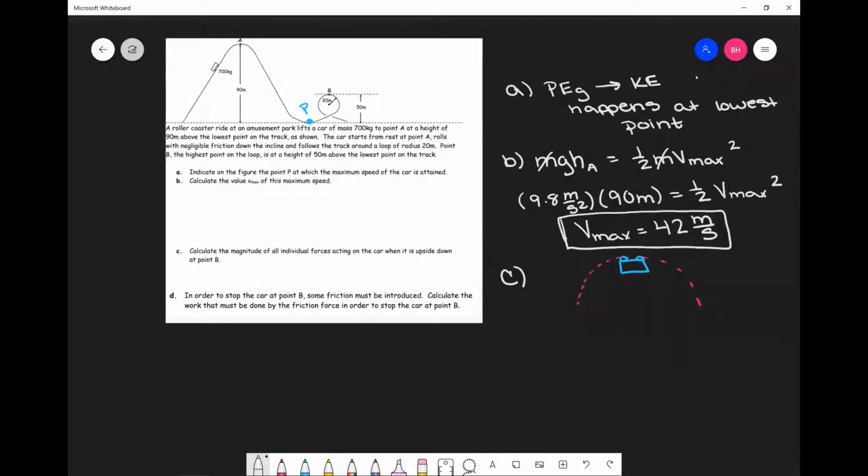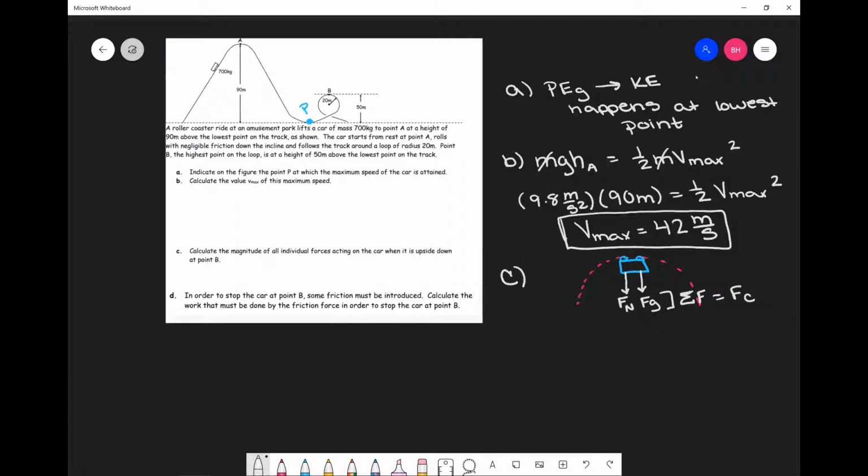Well, we have two. We have our normal force, because remember, our normal force is always perpendicular to the surface of contact. And of course, in the exact same direction, we have our force due to gravity. Both of these forces together, the sum of these forces, is equal to our centripetal force.